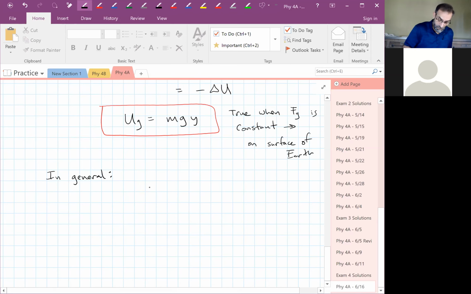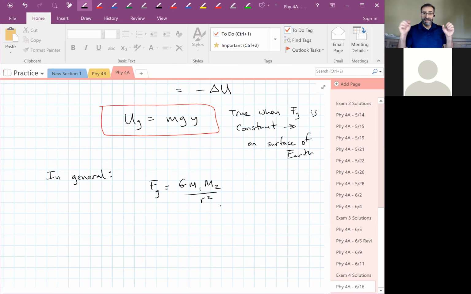I'll take my force. I know the general form for the force: the gravitational force of attraction between any two masses, m1 and m2, a distance r apart from each other.